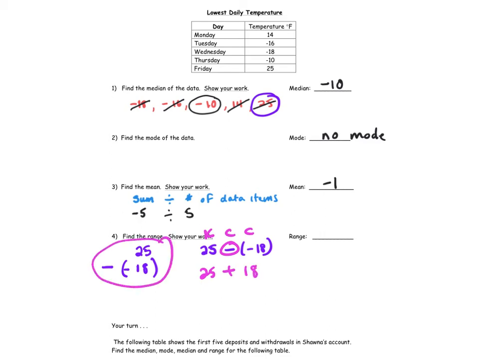If we put it in the calculator exactly like we see it, 25 minus negative 18, the calculator will give us the correct answer, and that answer is 43. So again, our answer is 43. So the range between negative 18, the lowest number, all the way up to 25, a positive number, is 43 numbers. So I'd like you to try the next page on your own, and you can refer back to this video for the answers.